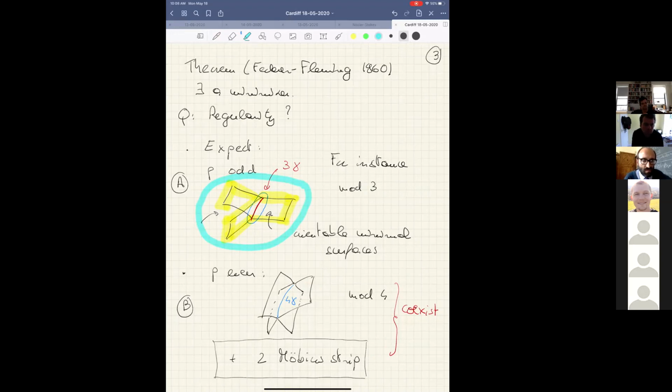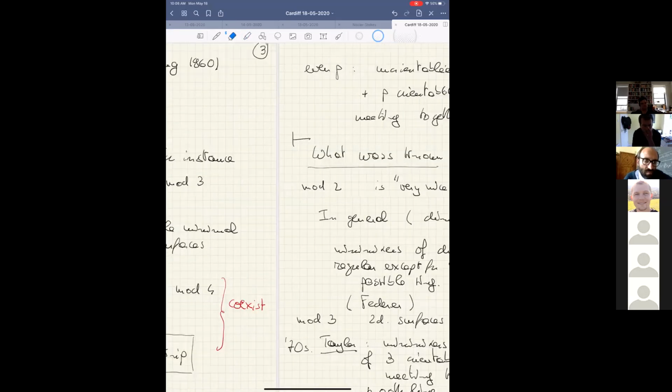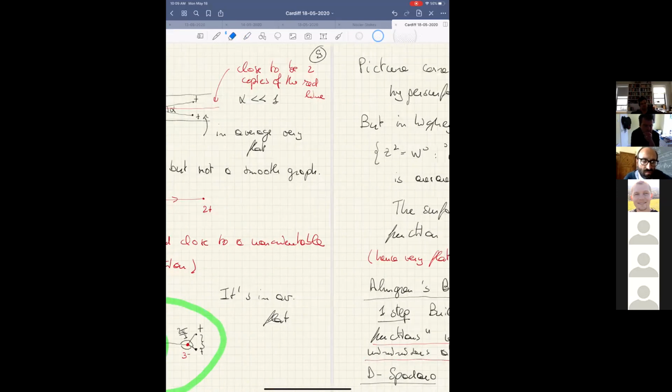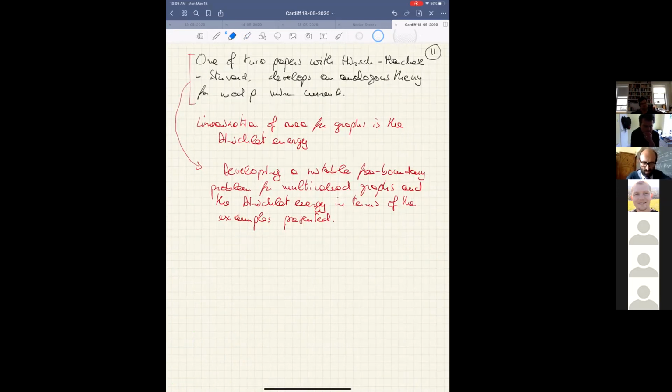You can actually phrase a seemingly simpler problem in terms of graphs which are modeling pieces of surfaces meeting at some places, and instead of minimizing the area functional, you're minimizing the Dirichlet energy. In a sense, this problem is easier to study than the geometric problem of area minimizing currents, and then you leverage what you learn on this problem to get a regularity theory in the case of area.